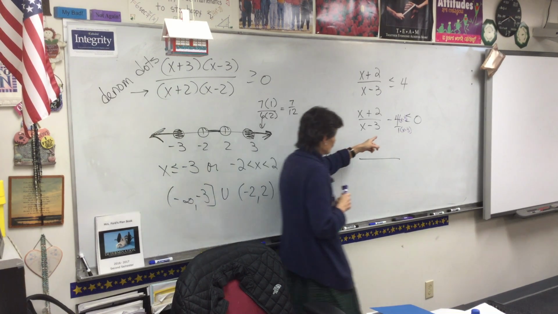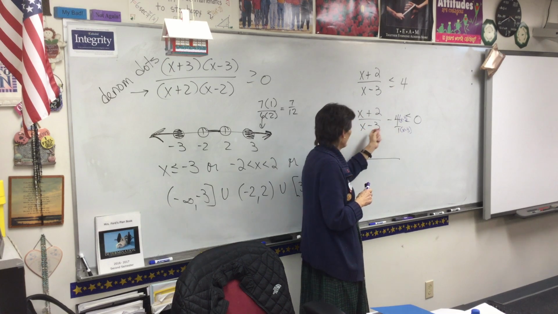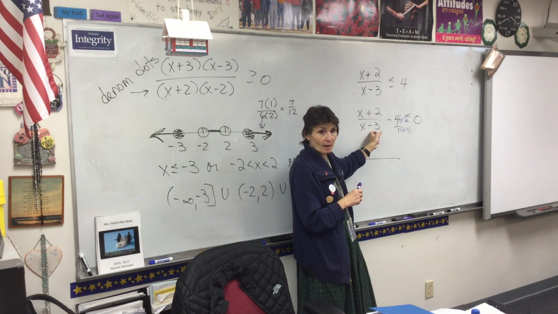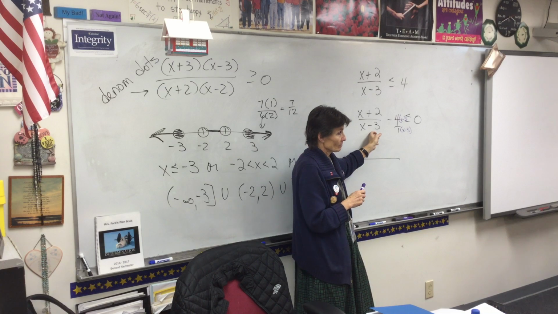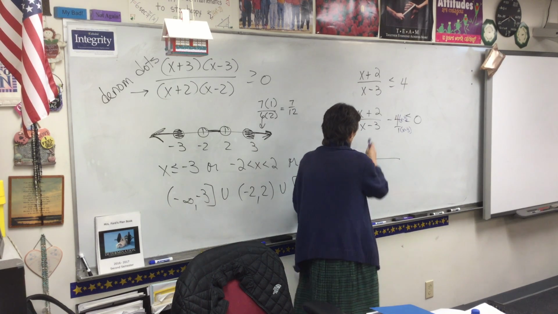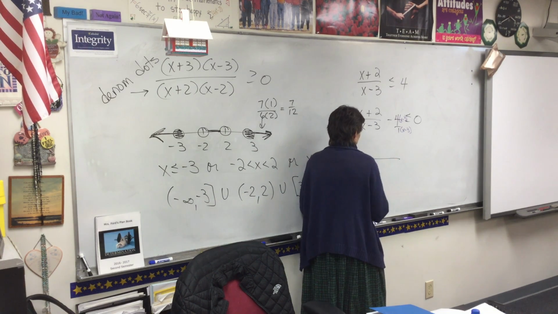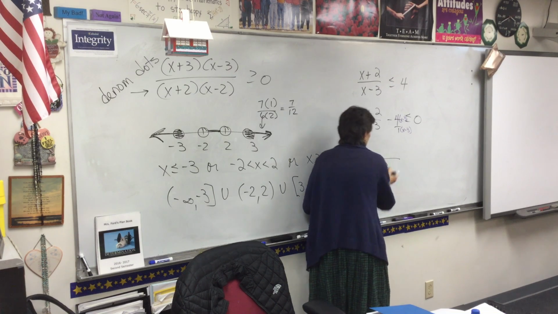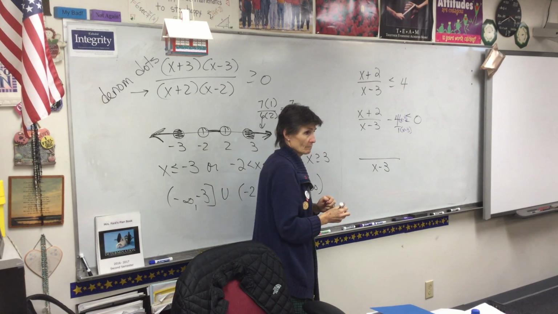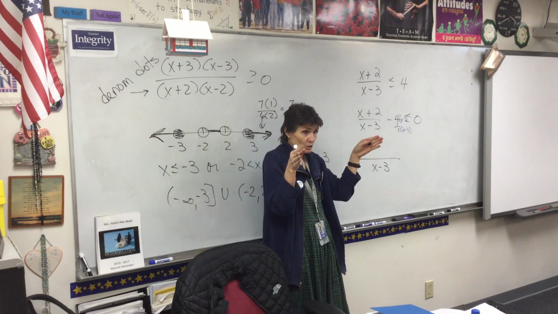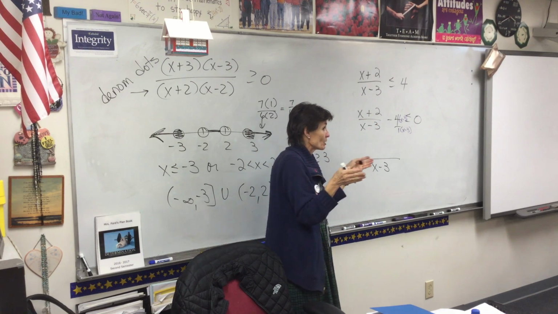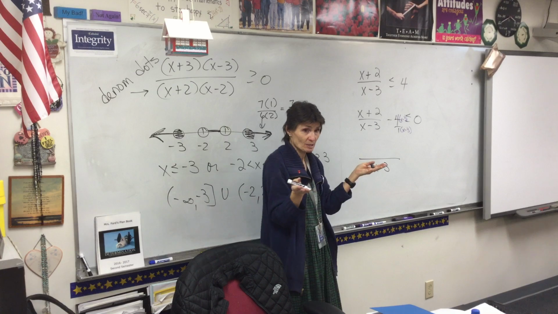Since this one is over 1, whatever this is going to be the common denominator. So now, both of my fractions have an x minus 3 in the bottom. My goal was to write one fraction. So the denominator is going to be the common denominator, which is x minus 3.